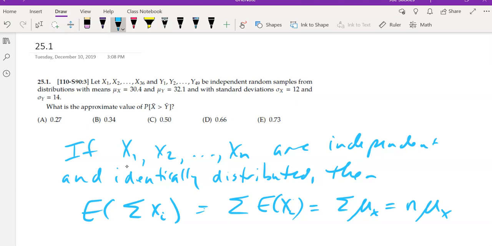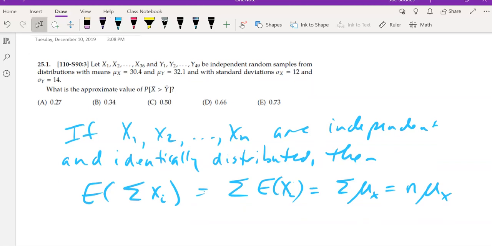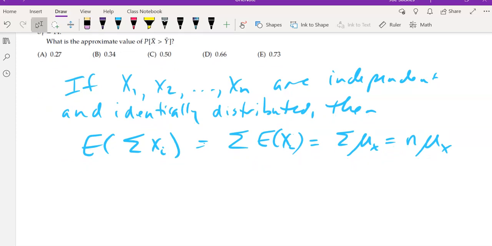We agree? Notice that has nothing to do with independence. Expected value breaks up over sums no matter the distribution. The fact that they're identically distributed is what lets us replace the expected value of each with the same value, adding the same value together n times. So independence had nothing to do with this, and the only place we used identically distributed was that we had the same mean in all the places.